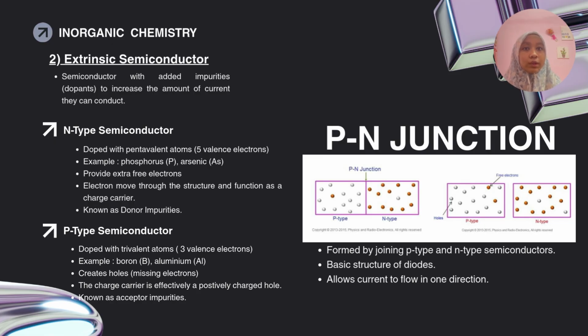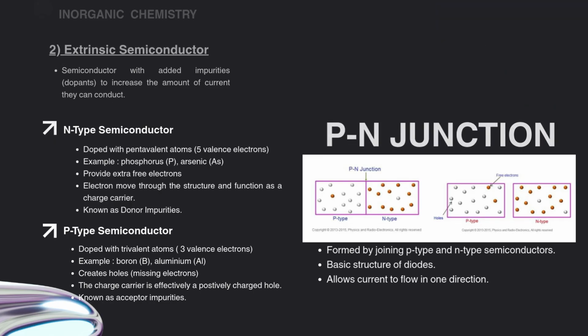The holes from the p side diffuse to the n side, and the electrons from the n side diffuse to the p side. This gives rise to a diffusion current across the junction. The p-n junction is also the basic structure of diodes, and it allows current to flow in one direction only.